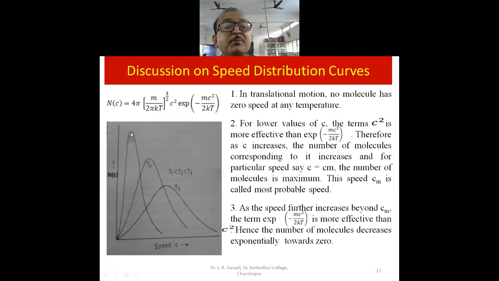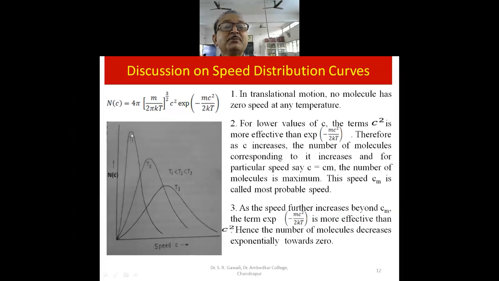Corresponding to this peak value, C is equal to Cm. We will consider that value of speed as Cm, and at this particular C equal to Cm, the number of molecules is the maximum.